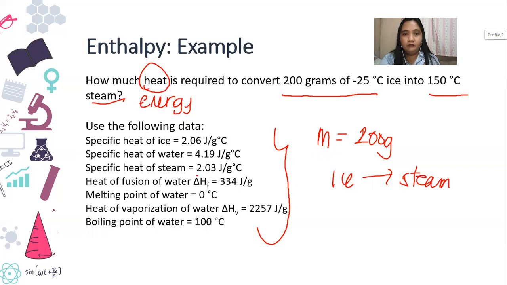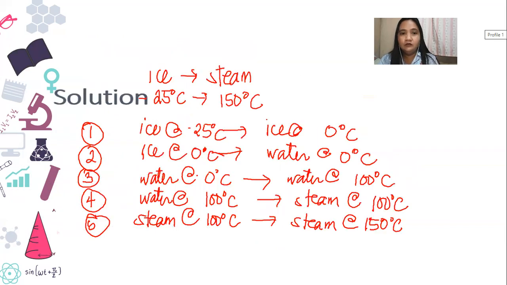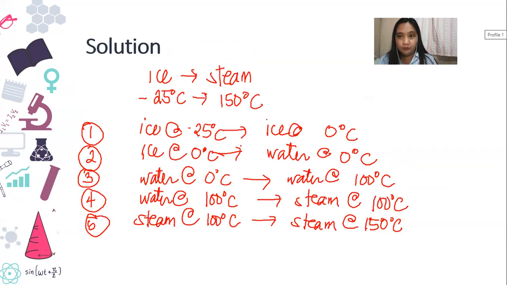So we go to the solution or part of the solution. It says ice to steam. That's the first step. It's ice at negative 25 and then it becomes ice at 0. And then second step, it's ice at 0 and then water at 0. Of course, it melts.